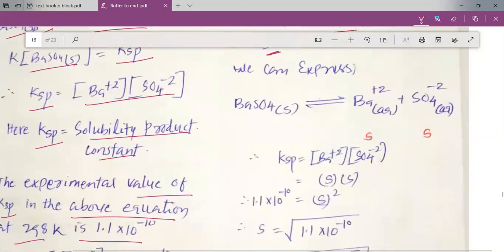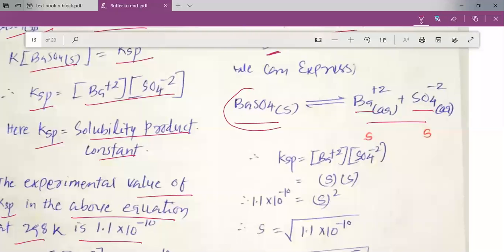So now, my dear students, we can say that when an equilibrium is established between solid BaSO4 and Ba plus 2 and SO4 minus 2, in 1 liter of solution the amount of BaSO4 that has dissociated or ionized is equal to S. That is why the concentration of Ba plus 2 is equal to the molar solubility of BaSO4, and the concentration of SO4 minus 2 is also equal to the molar solubility of BaSO4.